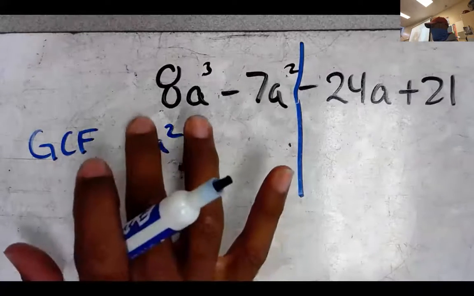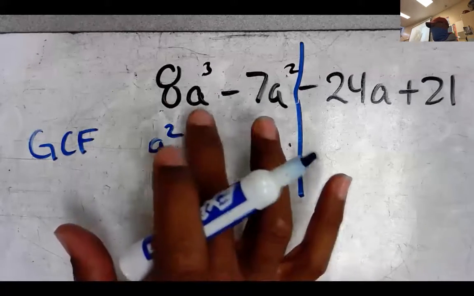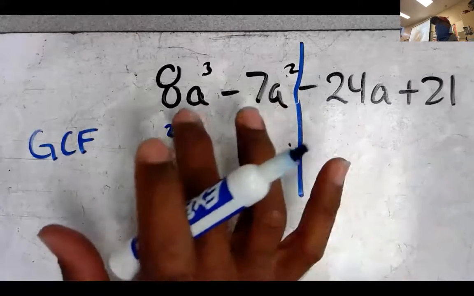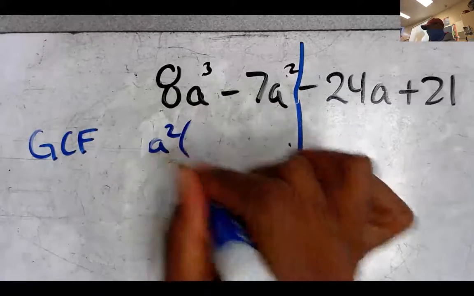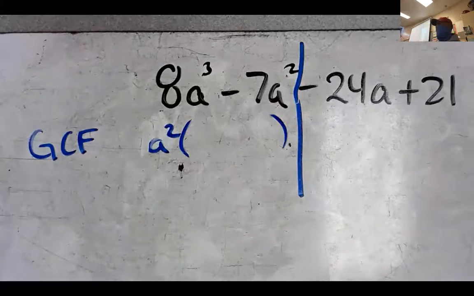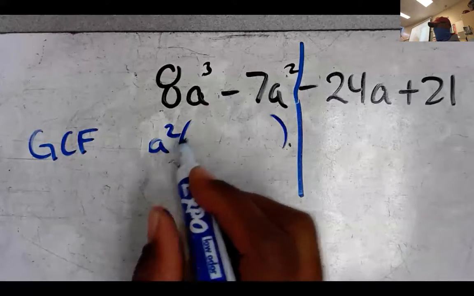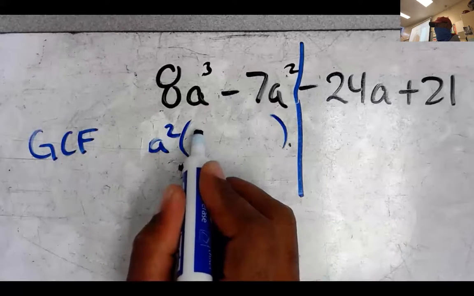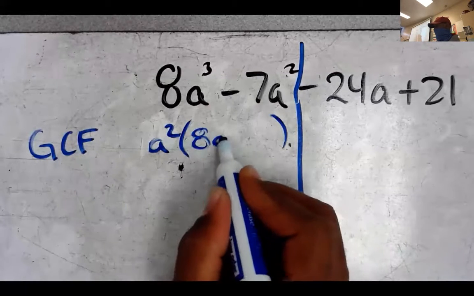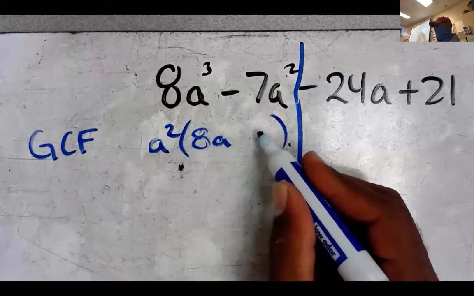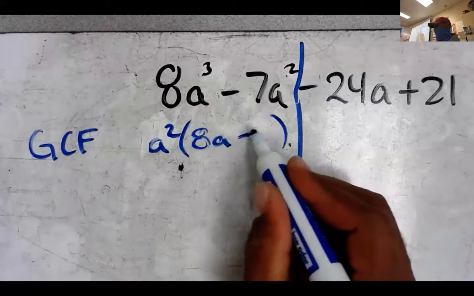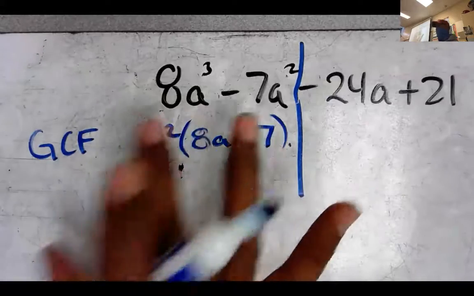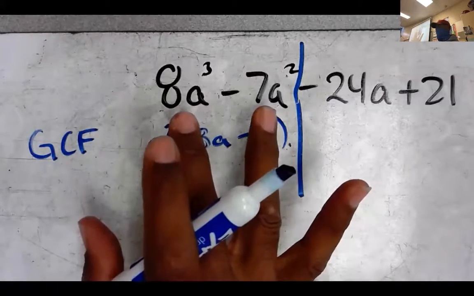So if there isn't, I just write the common factor between the variables first. Because this has a squared, this has at least 2, so they have that in common. Now, after I factor that out, a squared times what would give me that term? 8a. What would be the second term here? Minus 7. All right, so that's the first step. Find the common factor between the first two terms, just the first two.